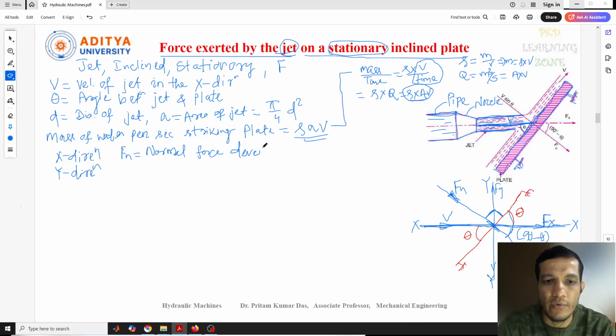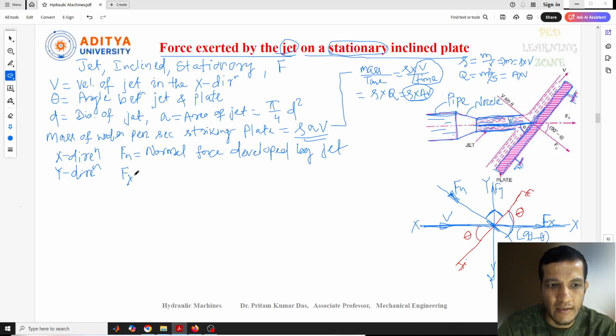Let us resolve the normal force in the x and y direction. So if I resolve in the x direction, that is the force acting with respect to this angle.